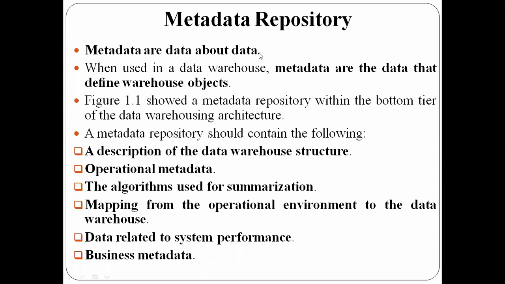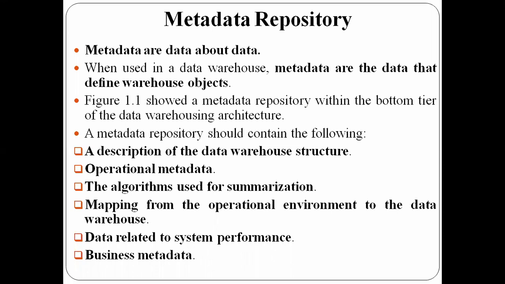Now coming to what exactly the data in the metadata is. Normally this metadata defines the data warehouse objects. The different data warehouse objects present in a data warehouse are defined by metadata. In a data warehouse system, we have dimension tables and fact tables.